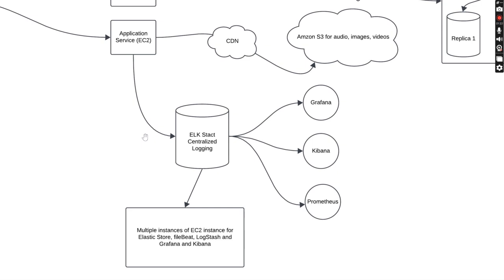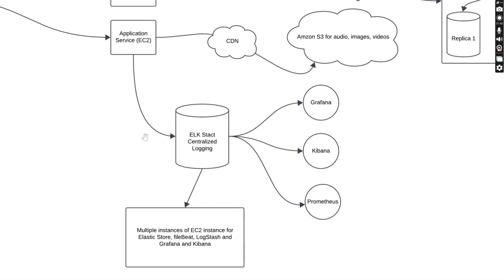When those logs are stored in the Elastic database, you may want to analyze them. For that analysis part, we can use Kibana. Kibana is used for searching the logs. Maybe there are some patterns. Maybe there's some specific error you want the count of.